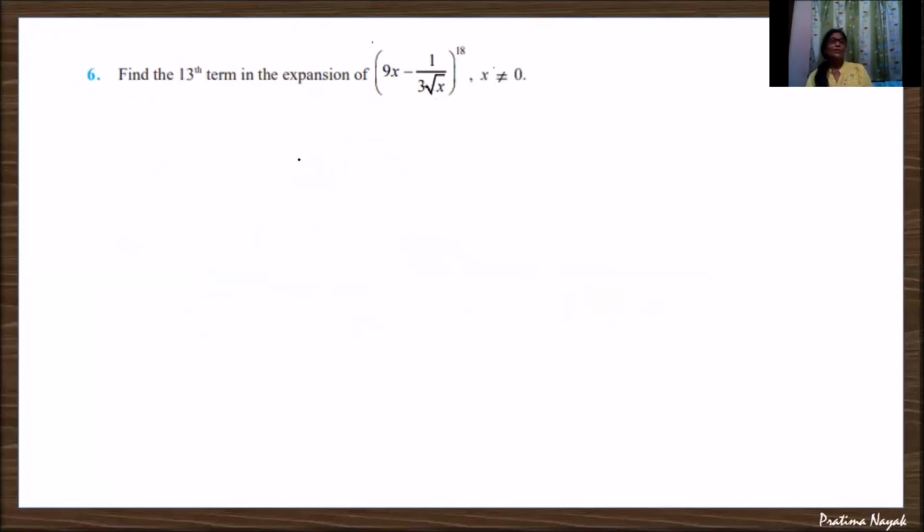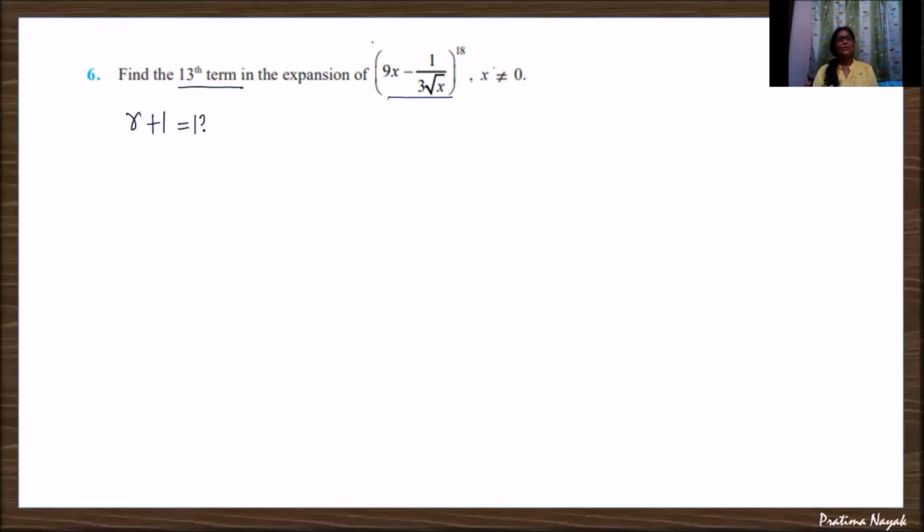Question number 6. Find the 13th term in this expansion: 9x minus 1 by 3 root x, to the power 18. Such a big number, but we have to do it. So for the 13th term, that means r plus 1 is 13.